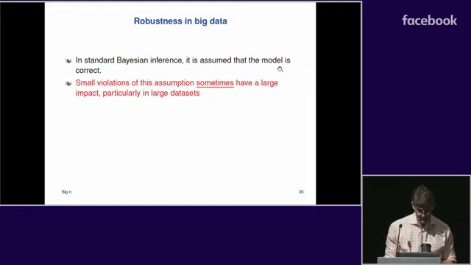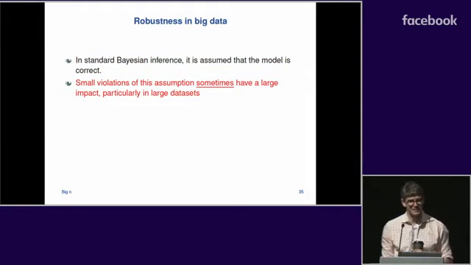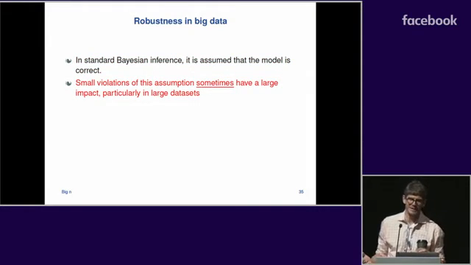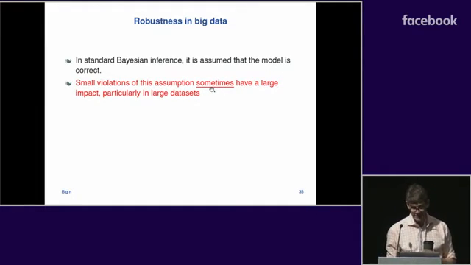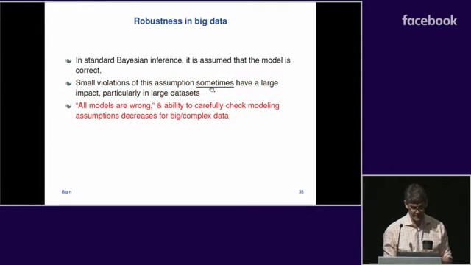What's nice about having a model is that the parameters might be interpretable. We'd like to do inferences on these parameters. They might have physical meaning, et cetera. But small violations of the assumption that the model is correct can sometimes have a large impact, particularly in large data sets.